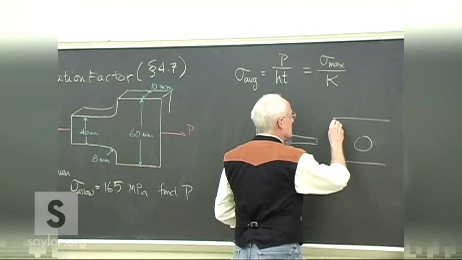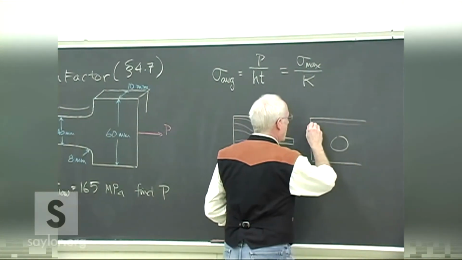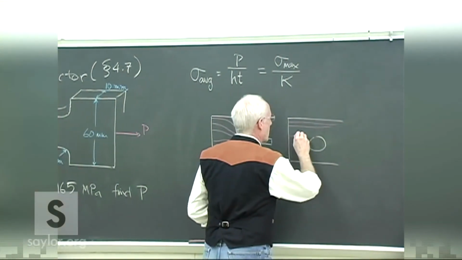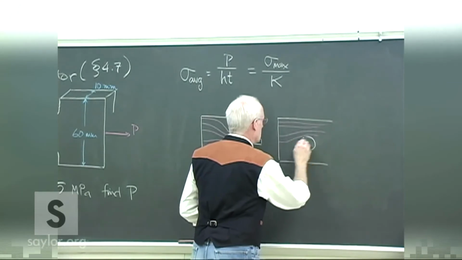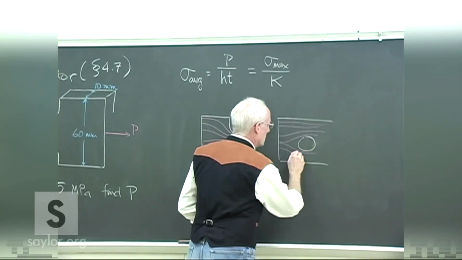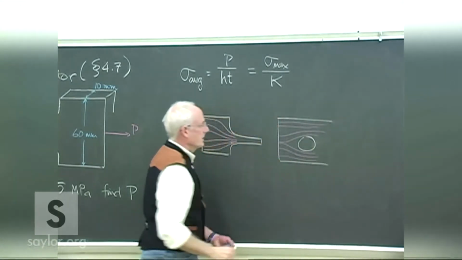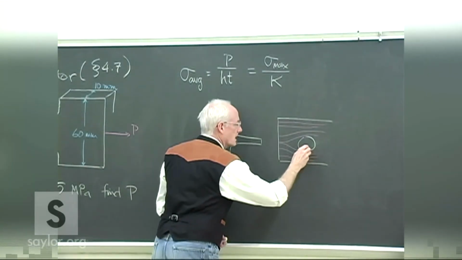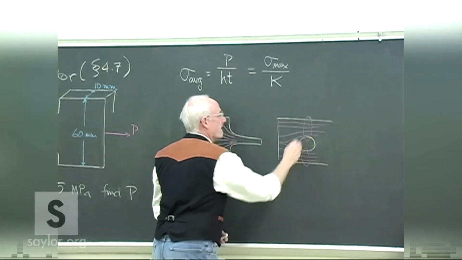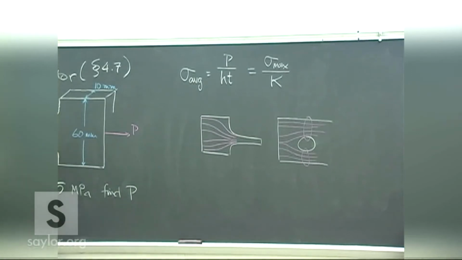And we'd see the same kind of thing. Because of the hole, we have a much greater concentration of the stress at those minimum areas because it's the same stress trying to squeeze through a lesser area.